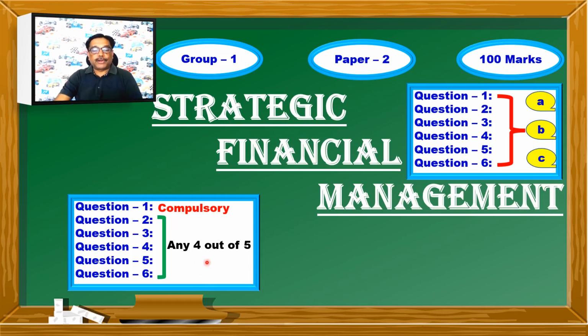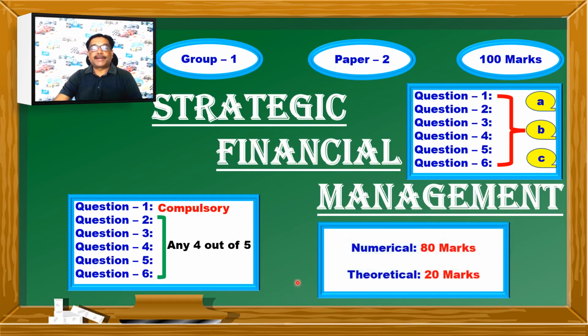So the total number of questions you have to answer is 1 plus 4, means 5. Each question is 20 marks. 20 into 5 means 100 marks. Out of that 100 marks, numerical consists of 80 marks and theoretical consists of 20 marks. It is the design of our paper.